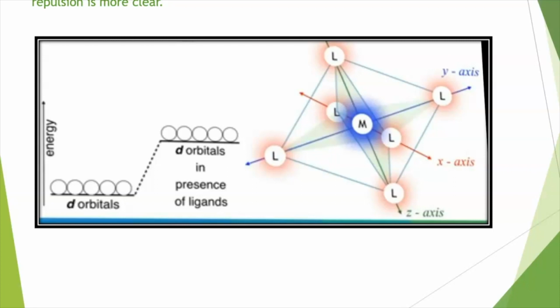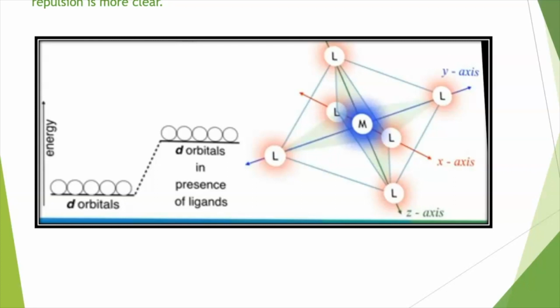The Eg level, which is doubly degenerate, is of higher energy, and the T2g level, which is triply degenerate, is of lower energy. Here a new term arises, crystal field splitting.